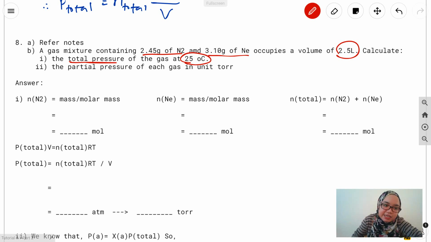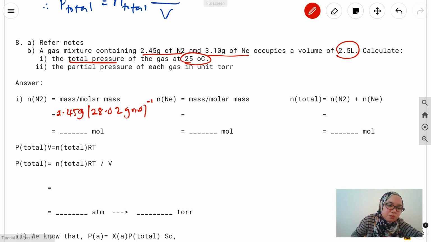Okay, so let's find the number of moles for nitrogen first. The mass given is 2.45 gram, and the molar mass for nitrogen gas is 28.02 gram per mole.